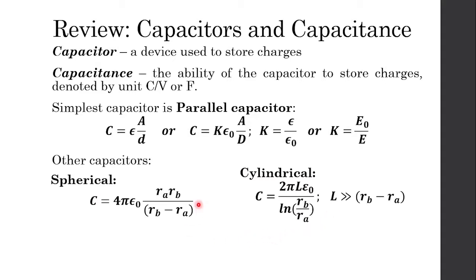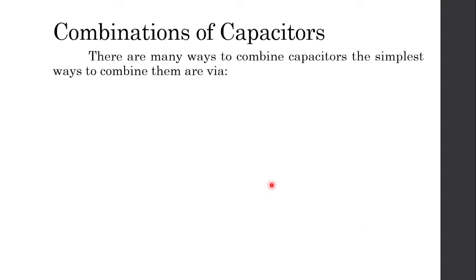But one thing that I want to note is that this parallel capacitor, this spherical capacitor, and this cylindrical capacitor are all individual capacitors, meaning they are just one. As indicated in lesson 11, what we are doing is we're actually combining multiple capacitors together, and that's what we call combinations of capacitors.